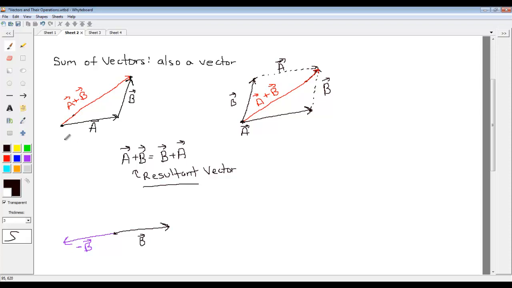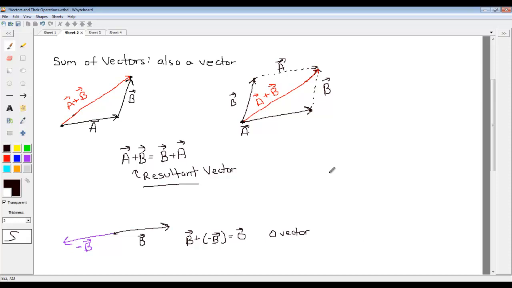So minus B is the opposite of B. And the sum of those two, B plus minus B, is going to give you the zero vector. It has a magnitude of 0. There's no direction to it.